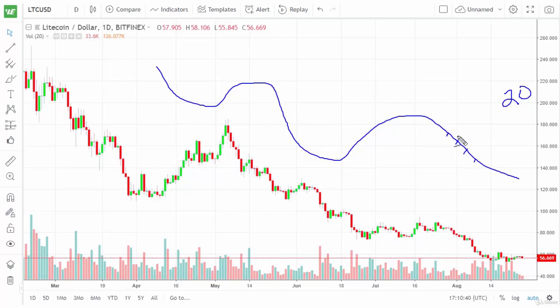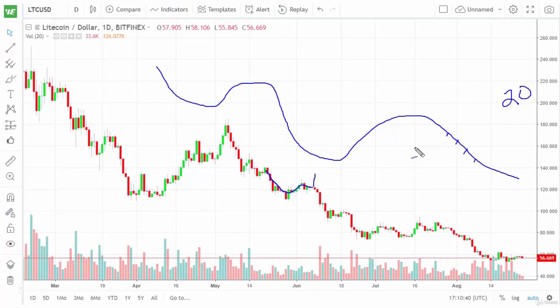Now, it does get a little bit more complicated than that with the exponential moving average. It puts more weight on, say, the first 10 than it does the second 10 candles in that 20 range. But if you were to see where the moving average was at this point in time, the 20 EMA, it would be the average closing price of the last 20 candles with more emphasis put on the closest 10.